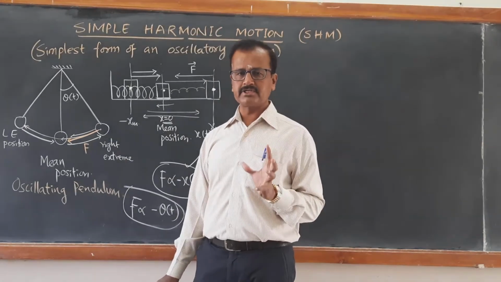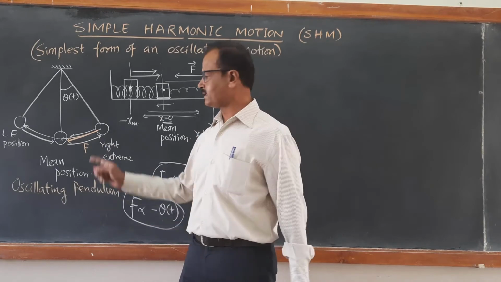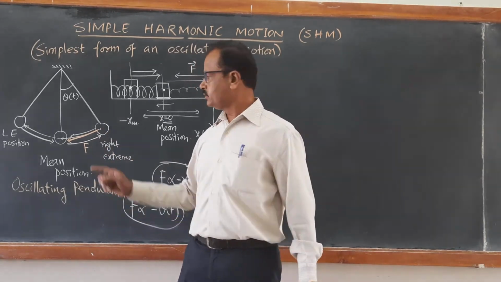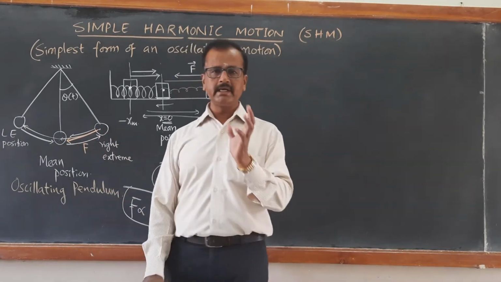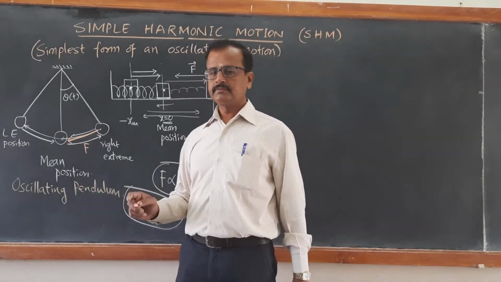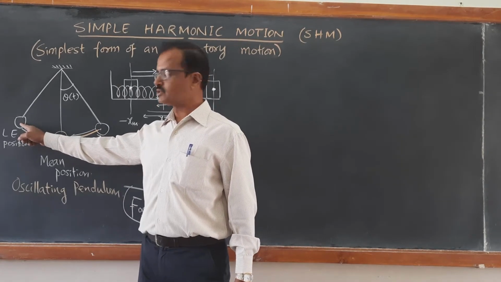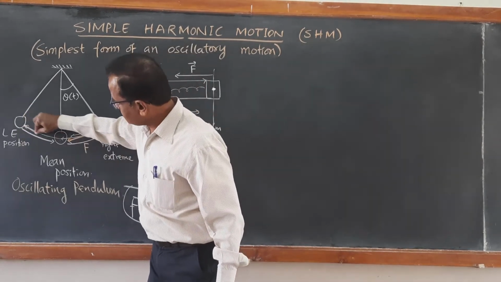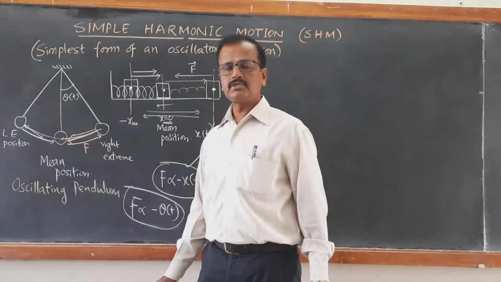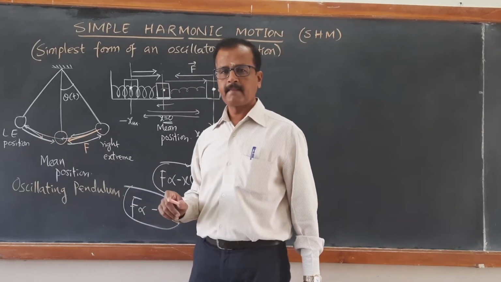During these oscillations, there is always a force acting on this oscillating body, which has a tendency to bring the oscillating pendulum to the mean position. So, when the ball has reached this left extreme position, there is a restoring force tending to bring it back to the mean position.